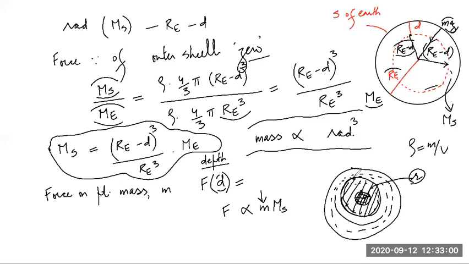As the point goes down and down, the mass of the Earth is getting contracted, the mass which is exercising a gravitational pull on this point mass m. So it's decreasing. That's why we say force is a function of d, a function of depth.